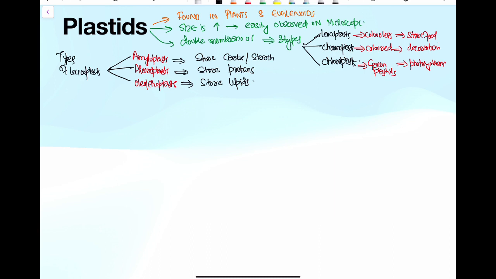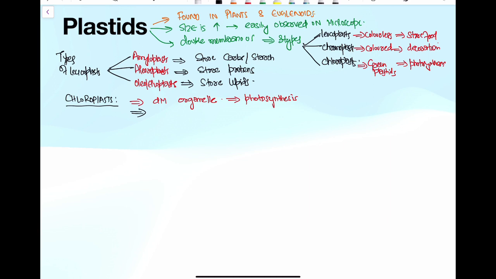Now the most important among them is chloroplasts, which we have to discuss in detail. Chloroplasts are again double-membranous organelles which contain chlorophyll and help in photosynthesis. Anyone can ask you about the shape of the chloroplast.